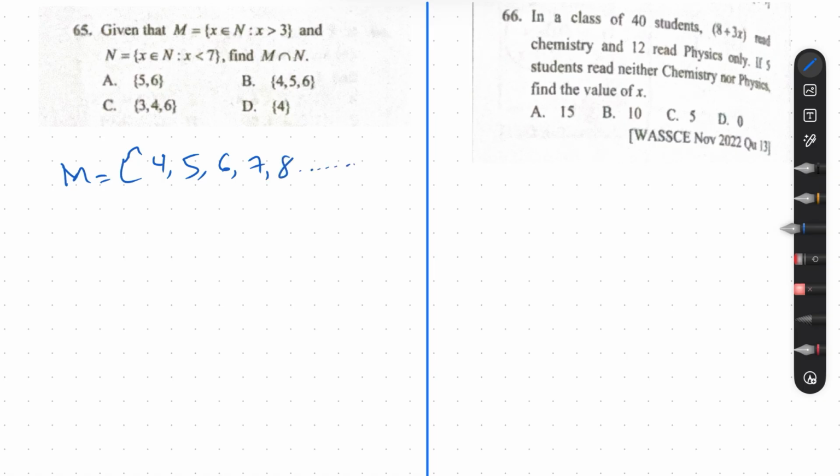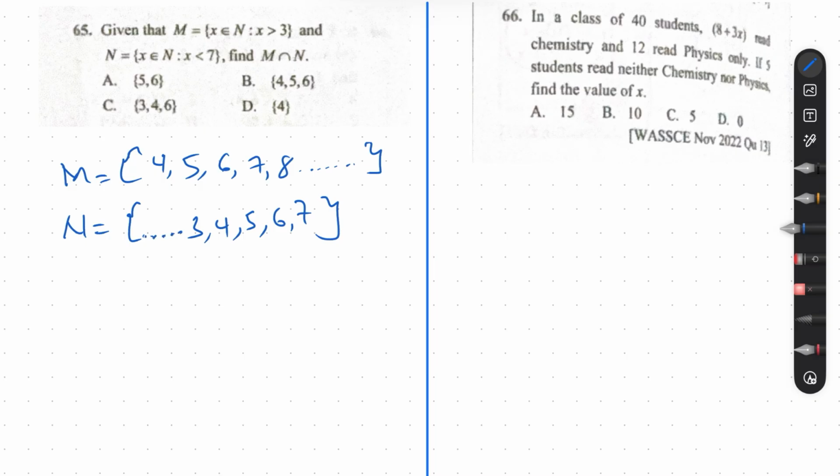N will be what? A set of natural numbers less than 7. That means 7 downwards. Let's start from 7 on the right hand side: 7, 6, 5, 4, 3, downwards.